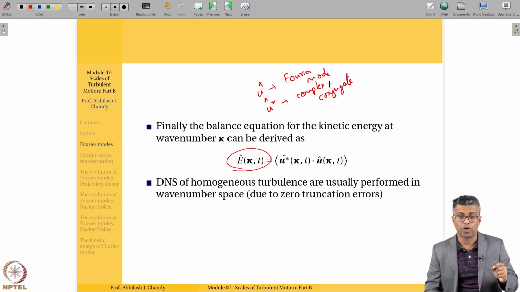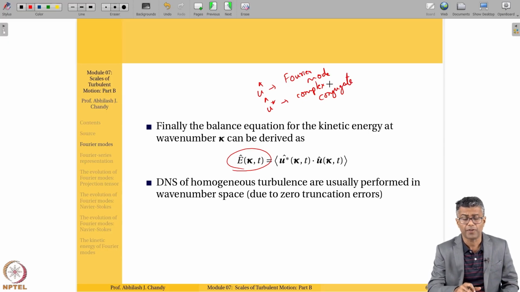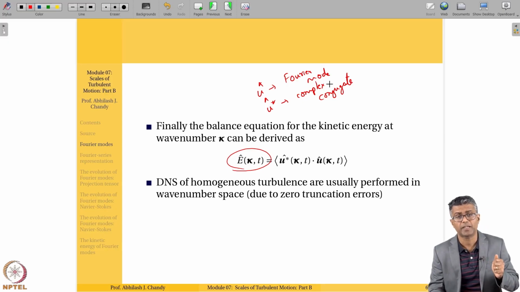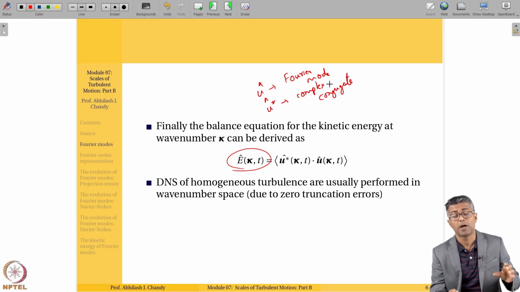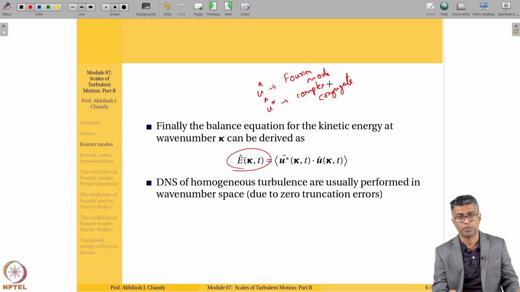Anything with a hat on top is the Fourier mode, and star represents that it is a complex conjugate. Here we have not derived it, I'm just stating it. If you want to derive the kinetic energy, you can just take a product of the velocity vector in Fourier space multiplied by its complex conjugate.